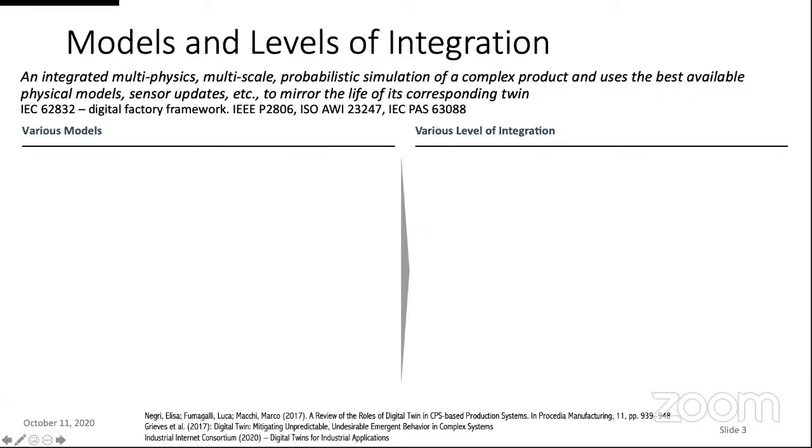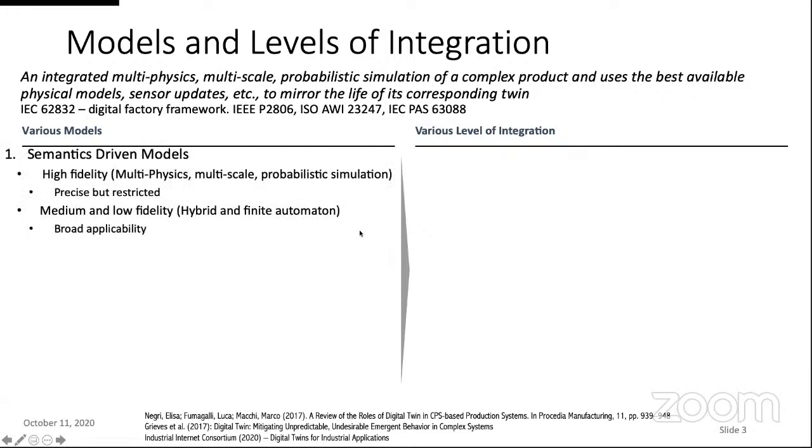Now, there are various ways to model a digital twin, and in fact, there is no single way to model, and people have been trying all different techniques. One that I call a semantic driven model is supposed to be a high fidelity model. For instance, one can use a multiphysics, multi-scale, probabilistic model.